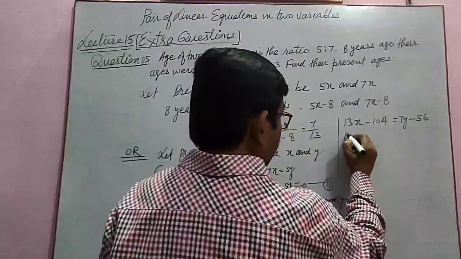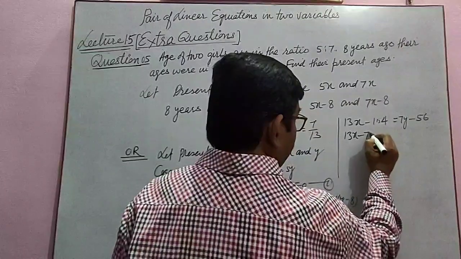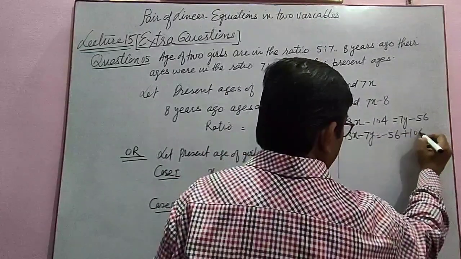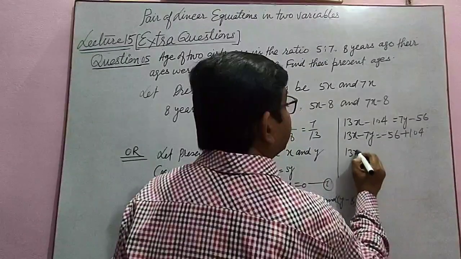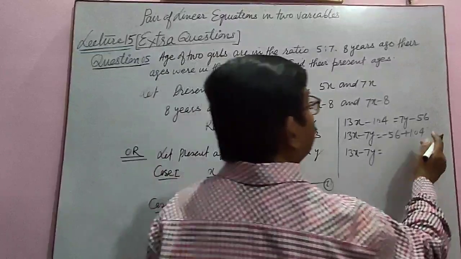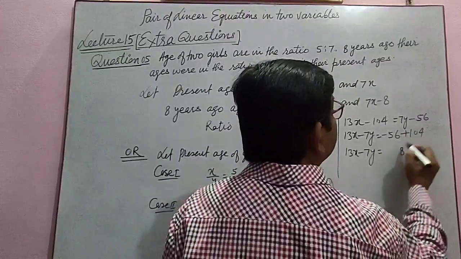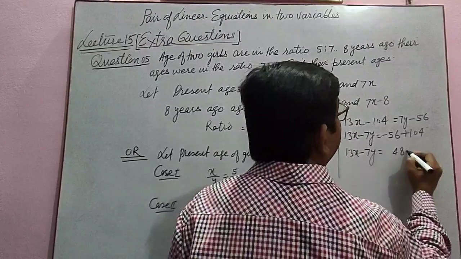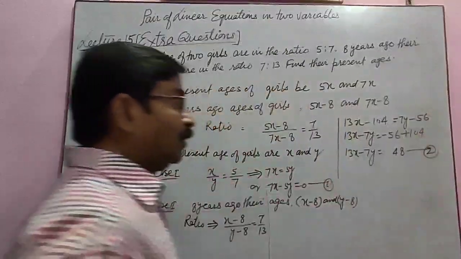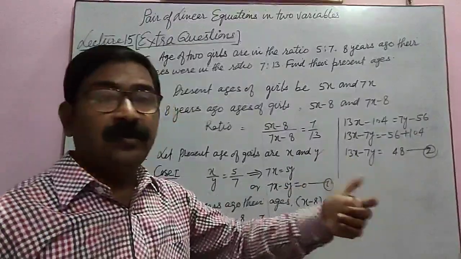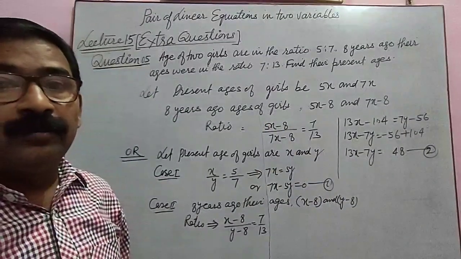We have 13x minus 7y is equal to minus 56 plus 104, which is 48. Equation number 2. Now solving the two equations for x and y, you will have the ages of two girls.